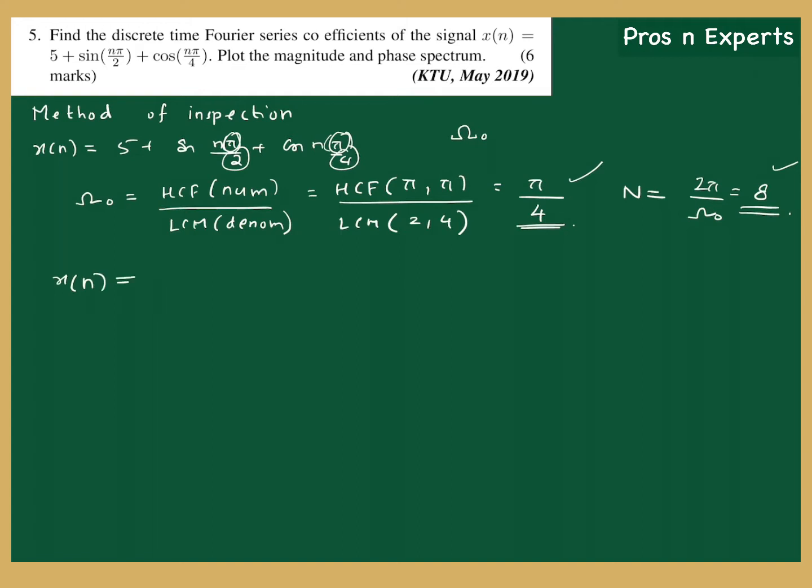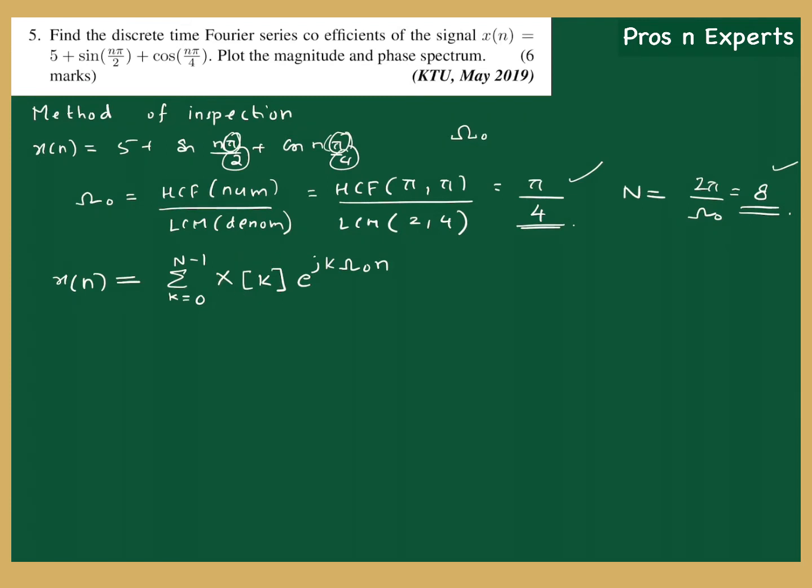X of n is equal to sigma over k equal to 0 to N minus 1 of capital X of k, the Fourier series coefficients, into e raised to j k omega 0 n. This is the general expression showing how signal x of n can be represented in terms of discrete time Fourier series coefficients.